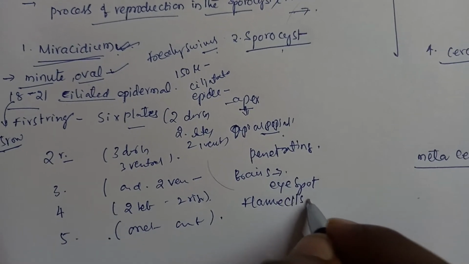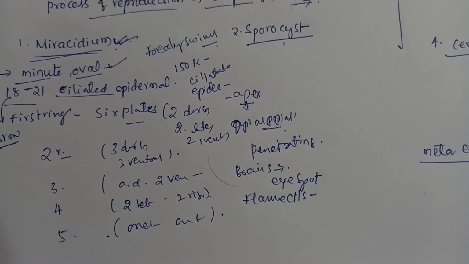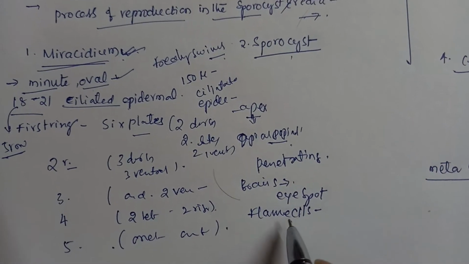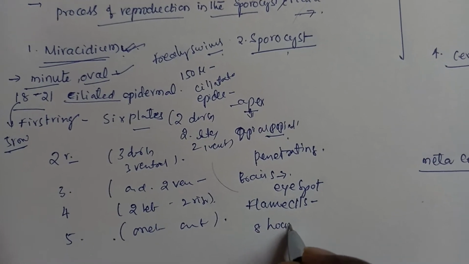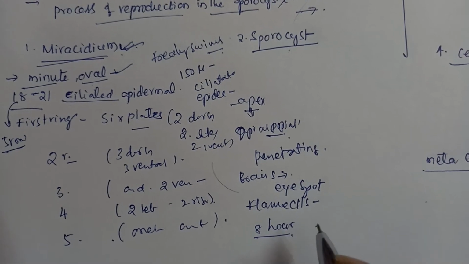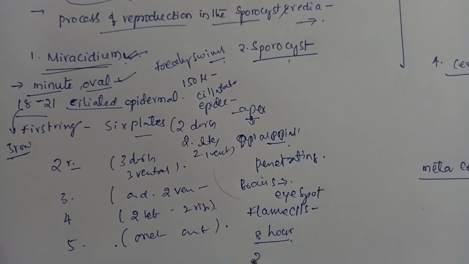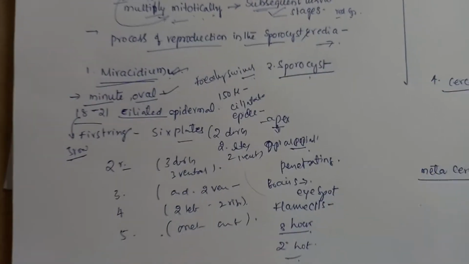These flame cells help in the excretion process. This larval form lives for 8 hours only, and in this period it has to reach the secondary host, otherwise it will die.